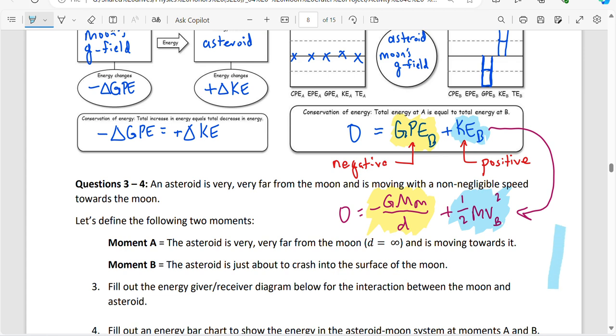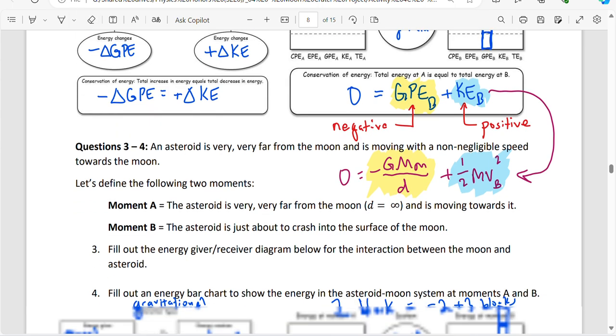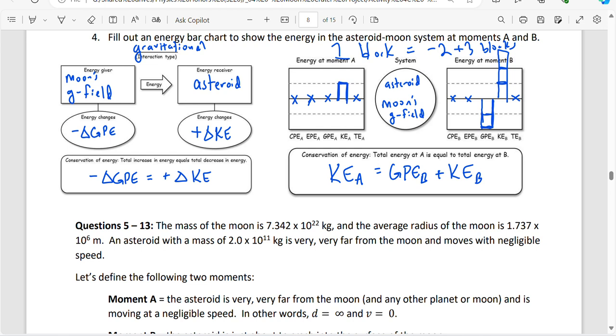Similarly, in the next one, let me get rid of that highlighter. If we move on to the next one and scroll down, what would our equation look like? It would look like the kinetic energy at A is 1/2 the mass of the moving object, the asteroid, times the speed that that object has at A squared. And that's equal to negative big G, big M, little m over distance plus 1/2 the mass of the asteroid times the speed at B squared.